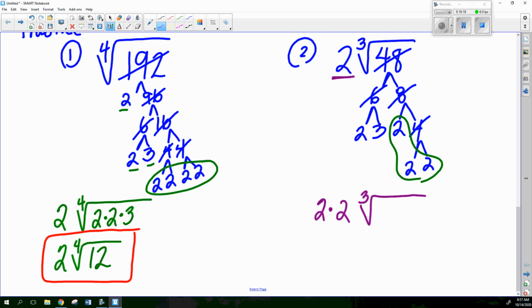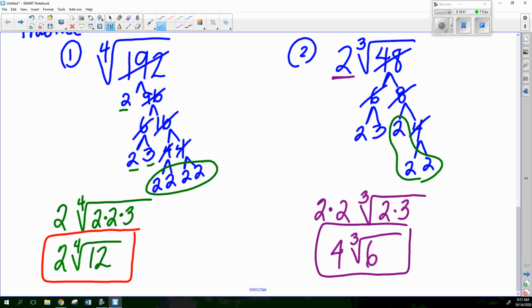And then anything I didn't circle has to be a prime number, right? I can't go back to the bigger numbers. Goes back underneath and will get multiplied together. All right, so what's my final answer here? 4 cube root 6. Questions?